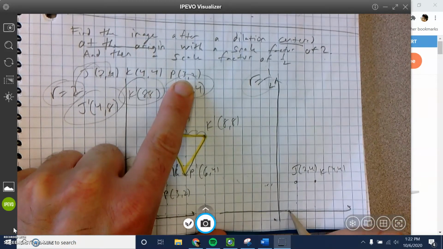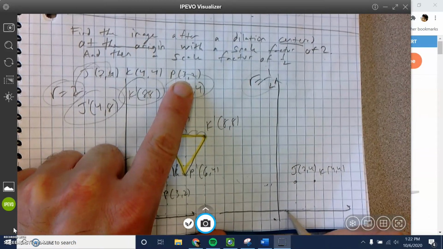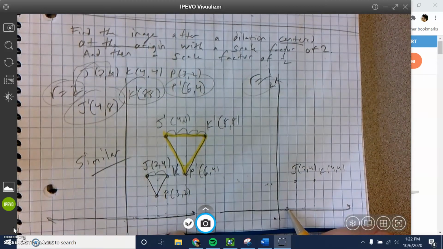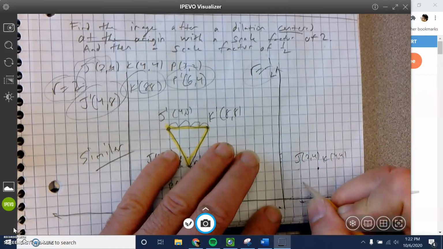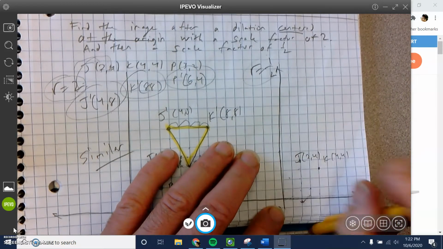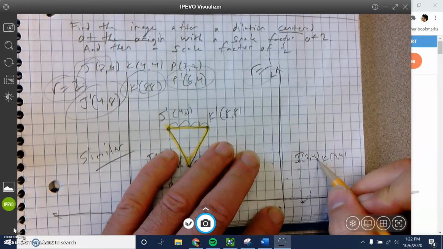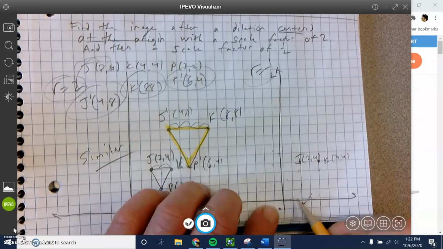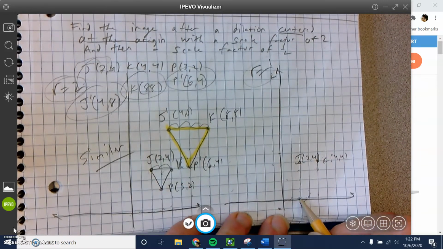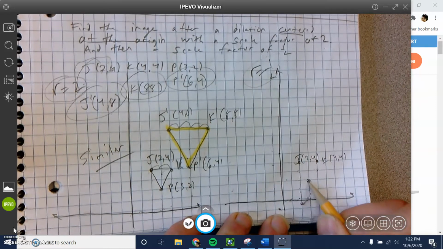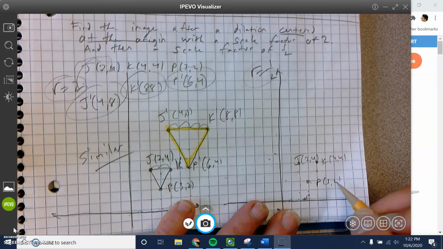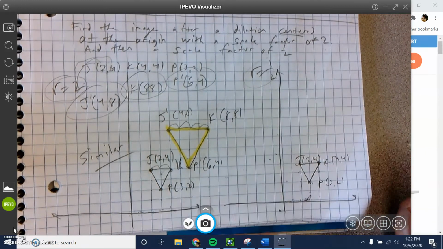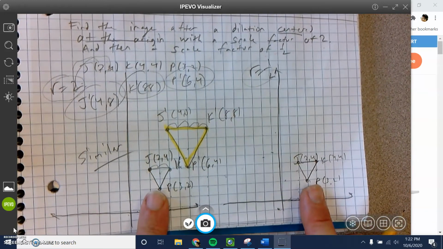And then we got P, which is 3, 2. Yeah, that looks like that. There is my same pre-image right there.